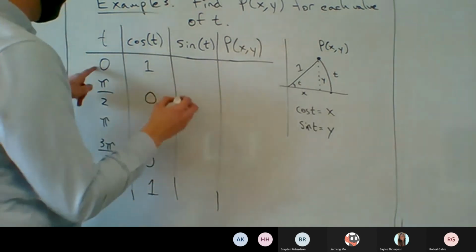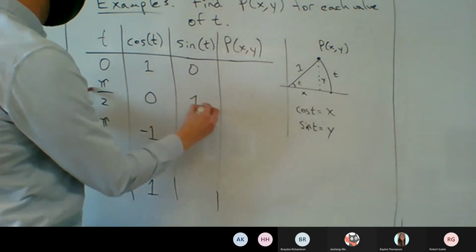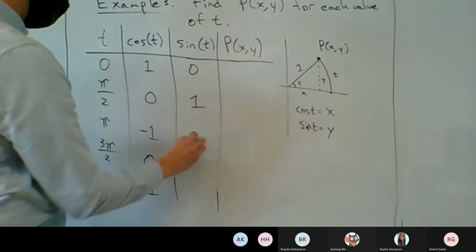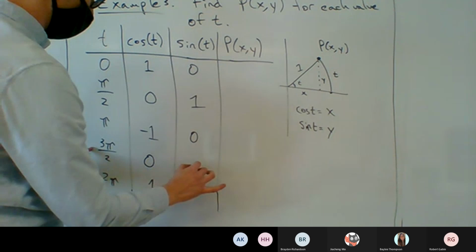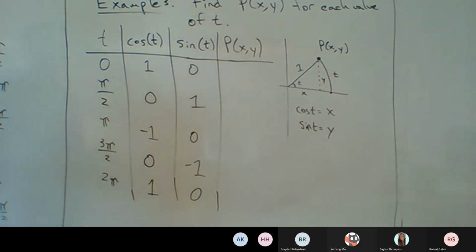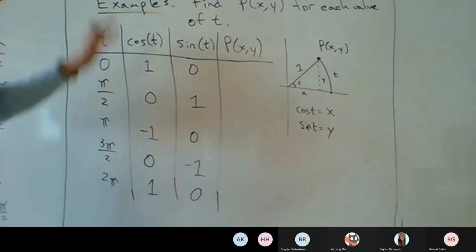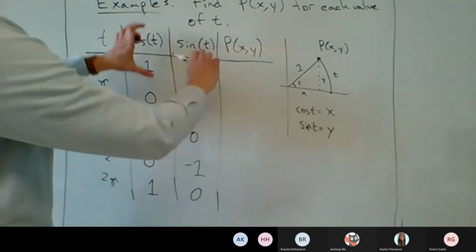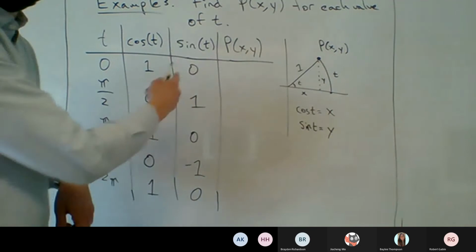Sine is like the opposite. At 0, it's 0. At pi on 2, it's 1. The pattern is shifted, right? At pi, it's 0. At 3 pi on 2, it's -1. And at 2 pi, it's 0 again. See how it's shifted? It's like if this was a big row of numbers that I could move up and down, I could take this one and shift it down by 1 and I would get this column, right?